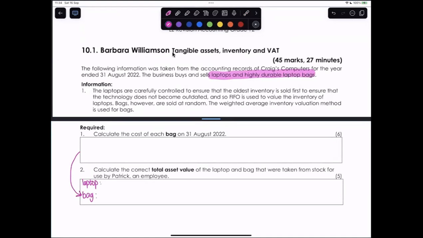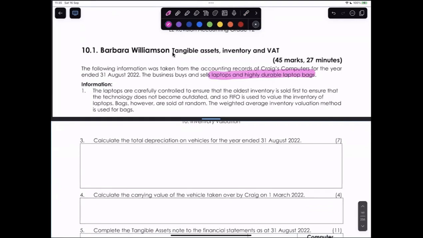If they were taken from stock, that means it's coming out of inventory and turning into an asset of the business. In other words, it's going to be the business's computer equipment or something like that. We don't know exactly what they would classify it as, but that's what's happened. It's changing from inventory that will be sold to an asset that will actually be used by the business.